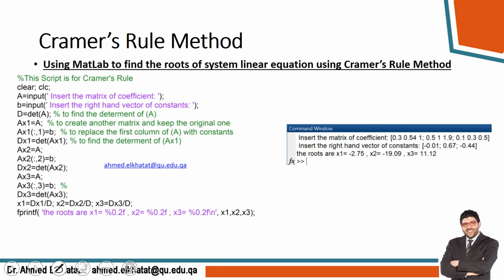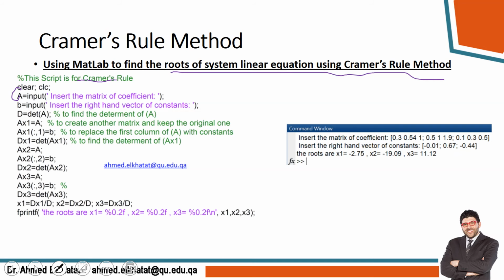Now we can use MATLAB to find the roots of the linear equation using Cramer's method as follows. How? First, this script is used for Cramer's method. First, we put A as a matrix, so we insert the matrix of coefficients for x1, x2, and x3, and B is also an input, the right-hand vector of constants.